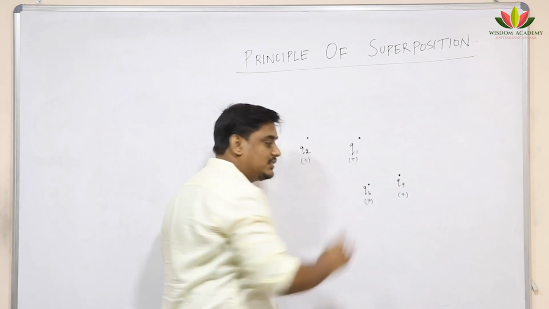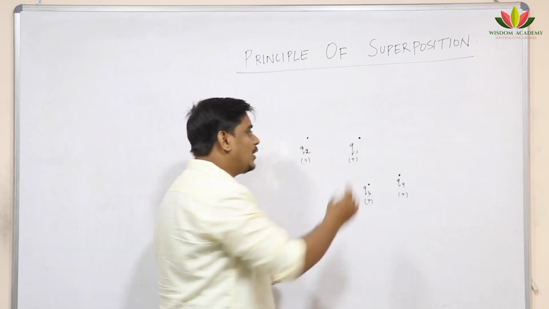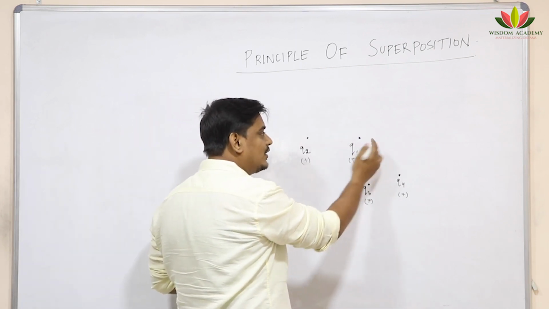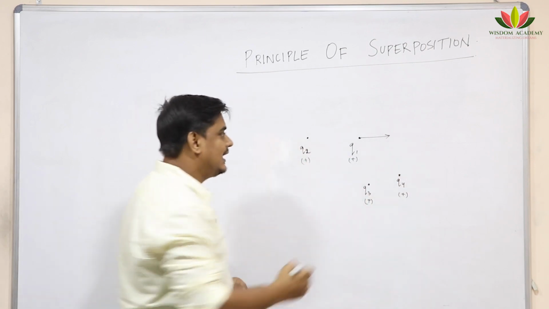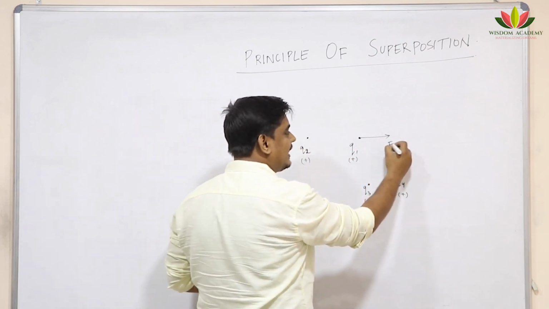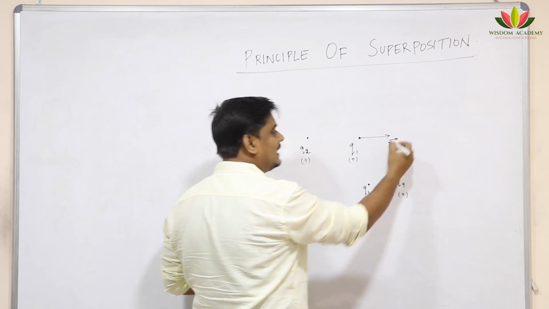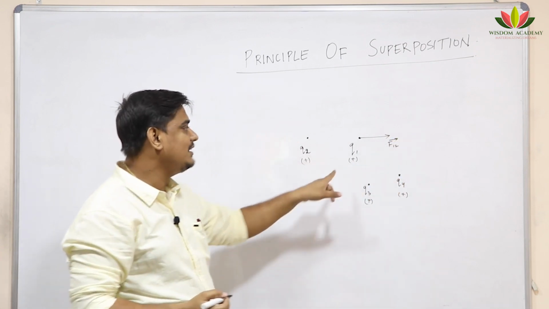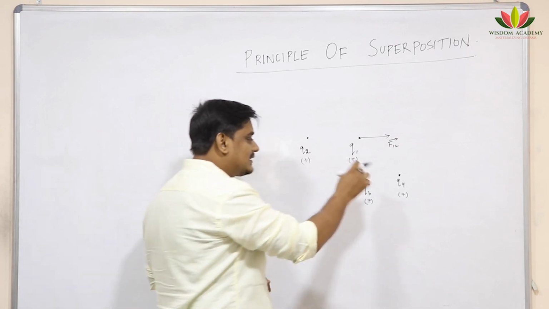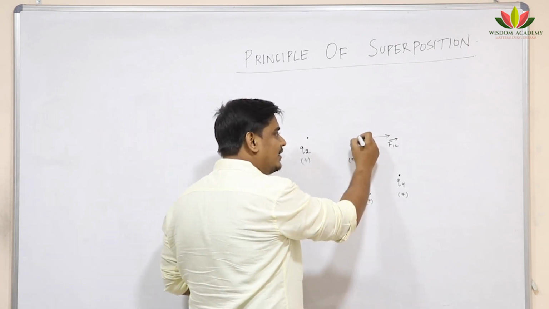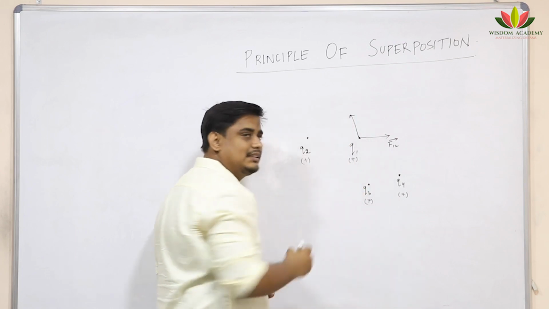If everything is positive, what will happen? What will be the effect of 2 on 1? The force will act in this direction, because it will repel it. And how will I write this force? I will write F12, that is the electrostatic force on the first charge due to the second charge. Same way, this third charge will also give a repulsive force on this.